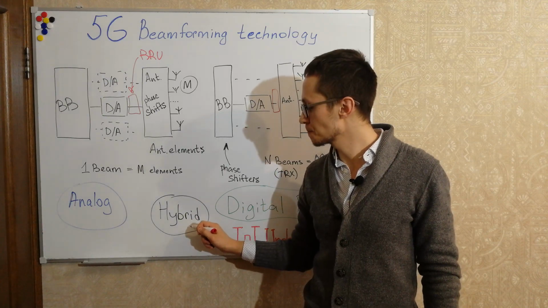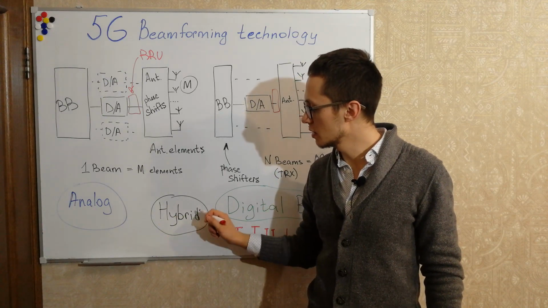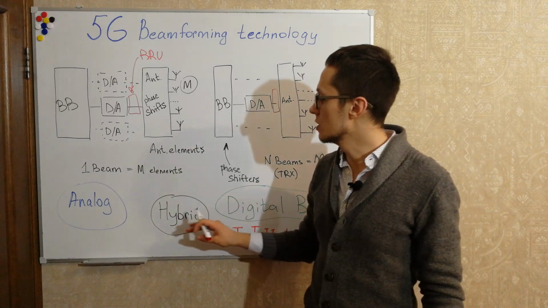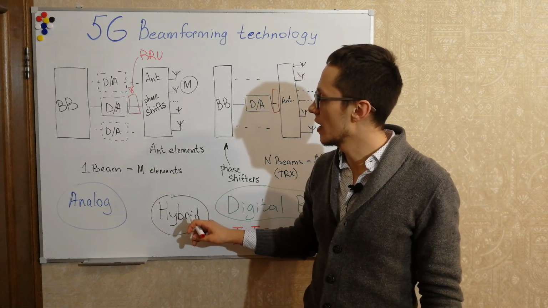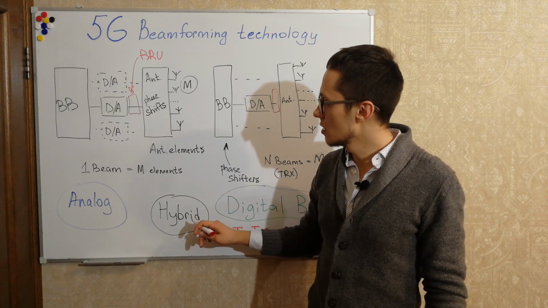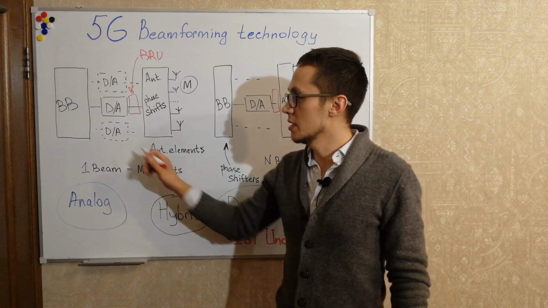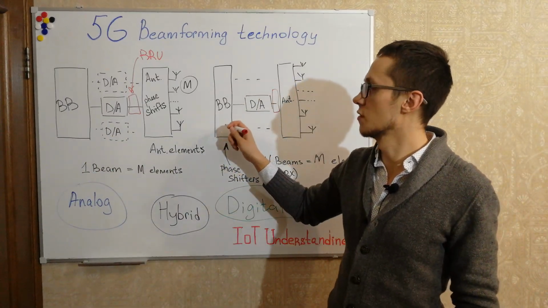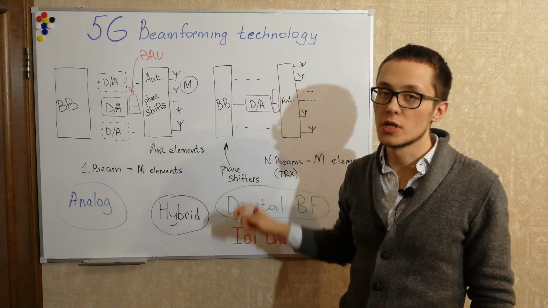It is probably something between analog and digital beamforming, when something may be done in analog form and some changes may be done in digital form inside the baseband unit.